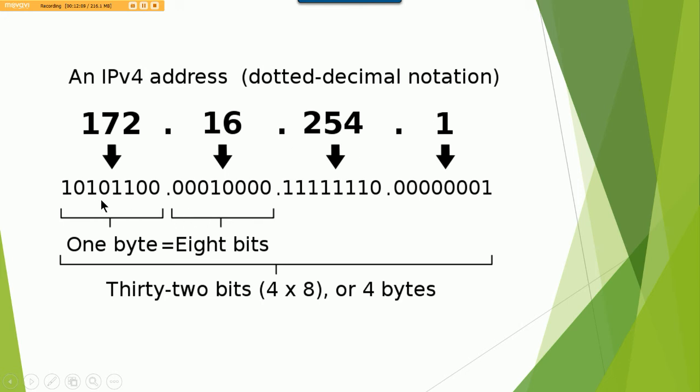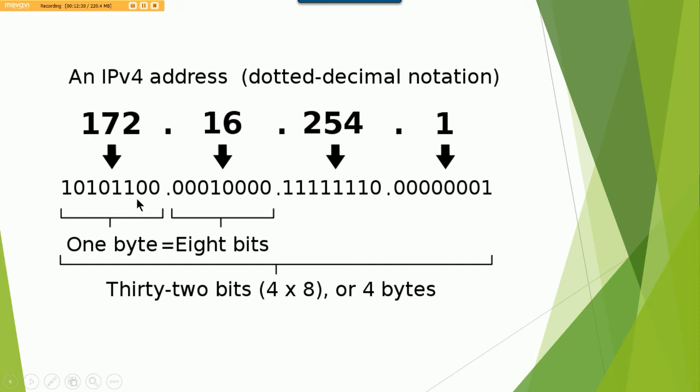And in the first octet, we can see these 2 bits right here are off. These next 2 bits are on. This bit is off. This next bit is on. Bit number 6 is on. Bit number 7 is off. And then bit number 8 is on.